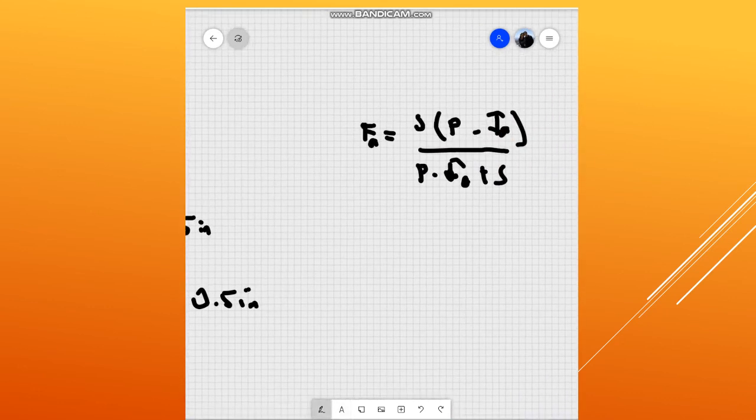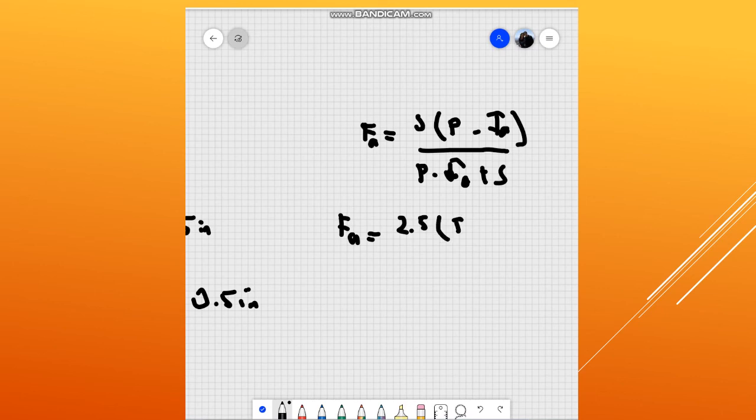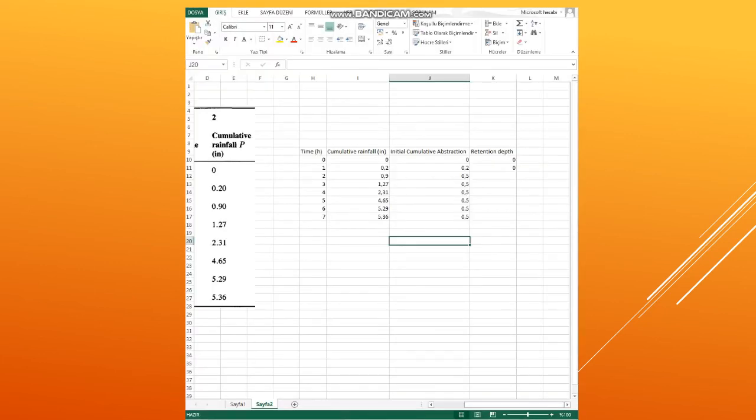So let's modify this equation. So we are gonna write it in Excel. FA is equal to S, is 2.5, right? 2.5. P is the first column, the second column, minus initial obstruction, which we found the third column, over P minus initial obstruction plus 2.5. Okay, so let's write this one in Excel in here, right?